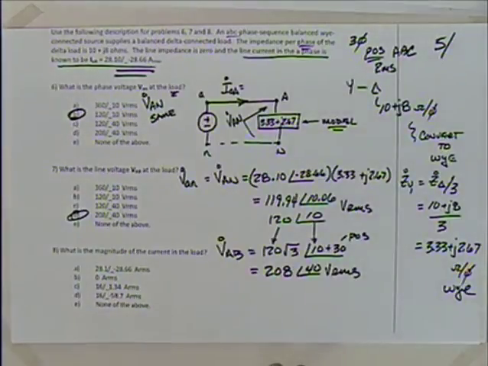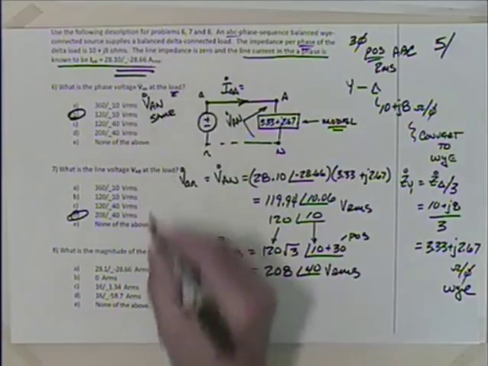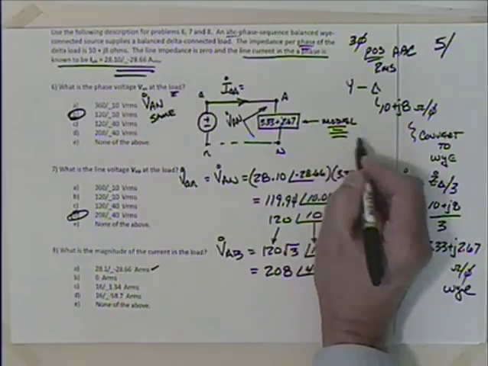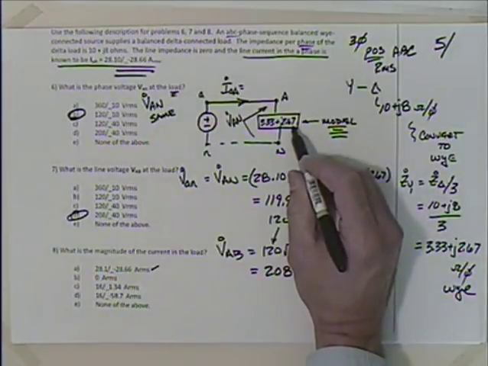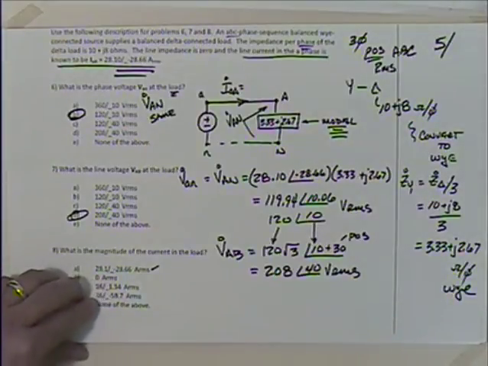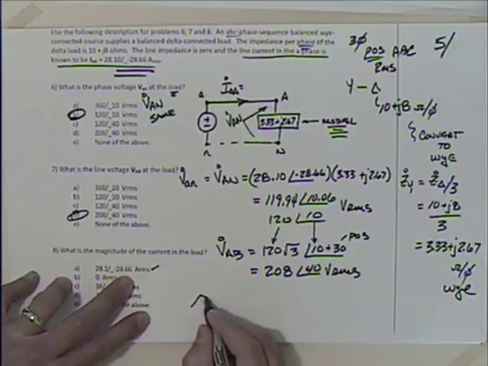And then finally, number 8, what is the magnitude of the current in the load? Well, before we say that it's equal to this, and this must be some sort of a trick question, we're tempted to answer here, but we've got to remember, this is not what the load is. This is a model of the load, isn't it? So if I look at this, remember we've got this delta here, don't we?